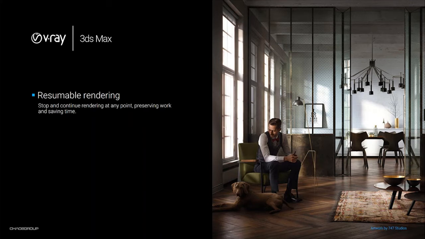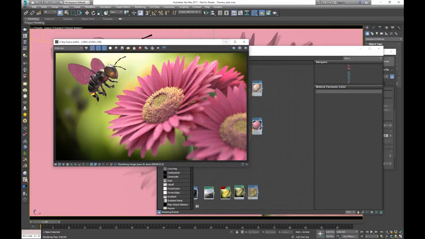So with resumable rendering, you can prevent that, or at least you can prevent it to some point, because V-Ray will save the image up to the point it's rendered, and then after this you can continue rendering from the exact same point. How does this work?